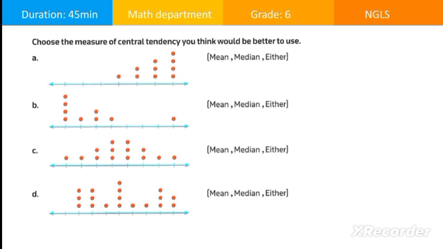Choose the measure of central tendency you think would be better to use. Let's think about the mean or median for each dot plot. For the first dot plot, how can I measure the central tendency?